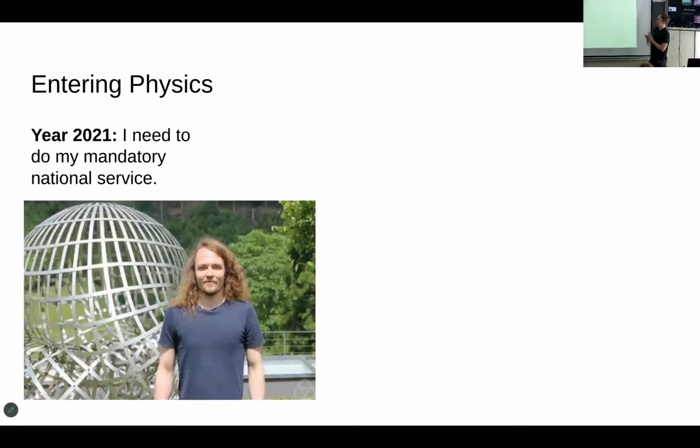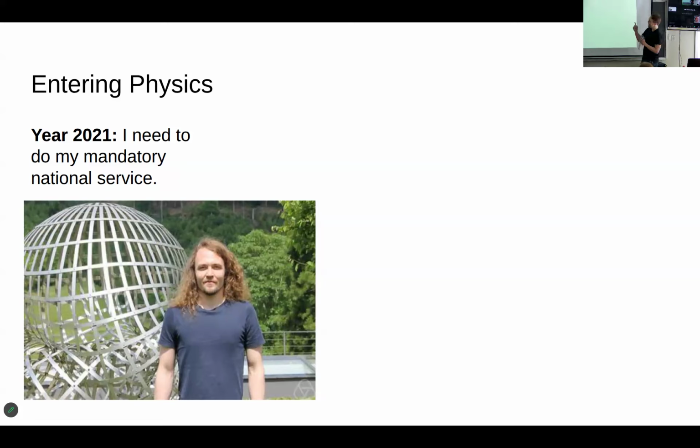Okay. So now you could ask, what happened? How did I go from this number theoretical thing to physics? Here you can see a picture of me when I still had a personality. I had long hair, listened to metal, and so on. In 2021, I was getting old enough that if I didn't do my mandatory national service in Finland, I could not renew my passport, which is a bit of an issue.